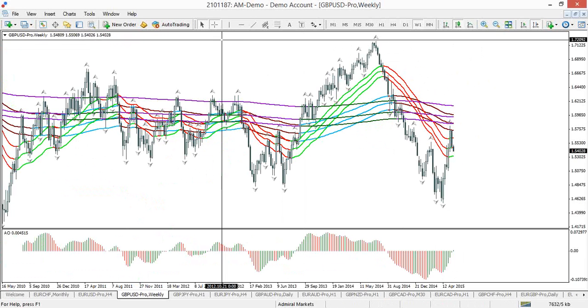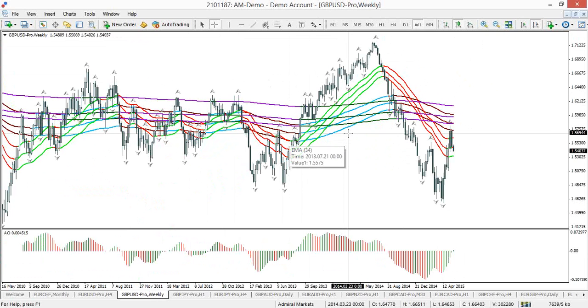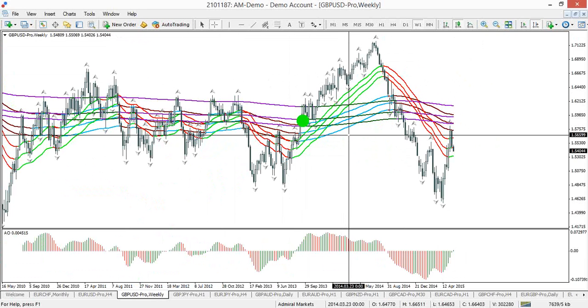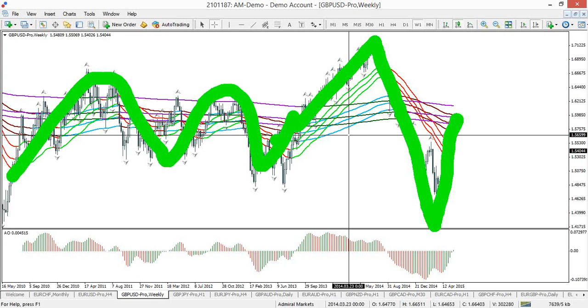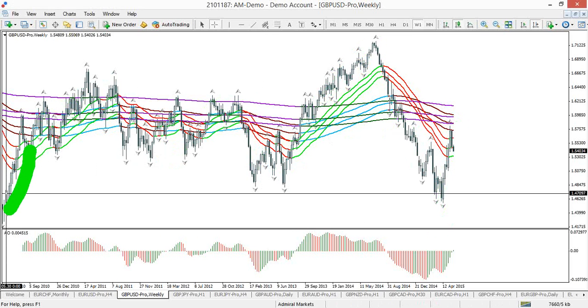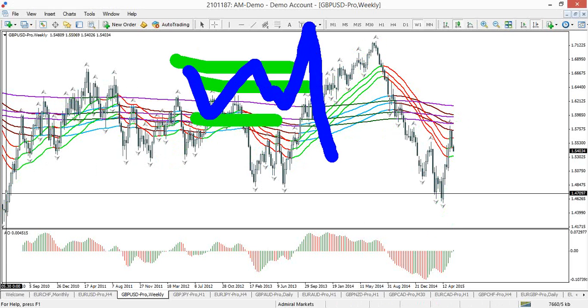You can see that there is really no trend on the weekly chart when the moving averages are this bunched up, and when price is trying to break, but then it goes like this. It's kind of like, as I call it, and others as well, a heartbeat, right? When price has flat moving averages like this, and price kind of stays around it, and when it does break away from it, it goes back to it.